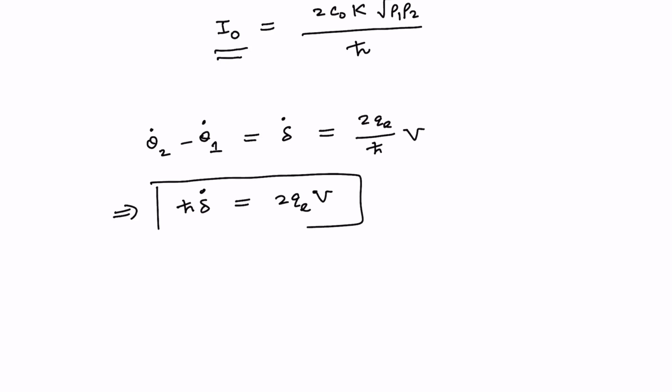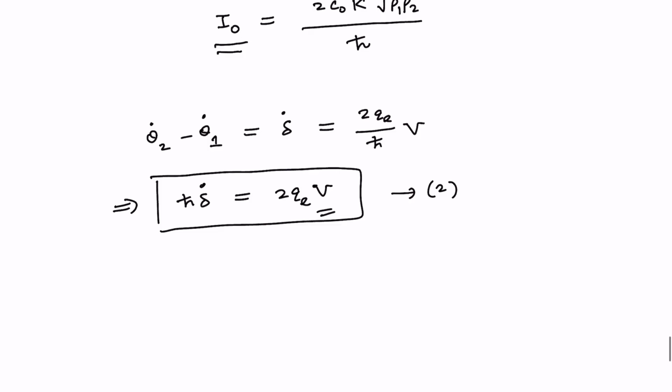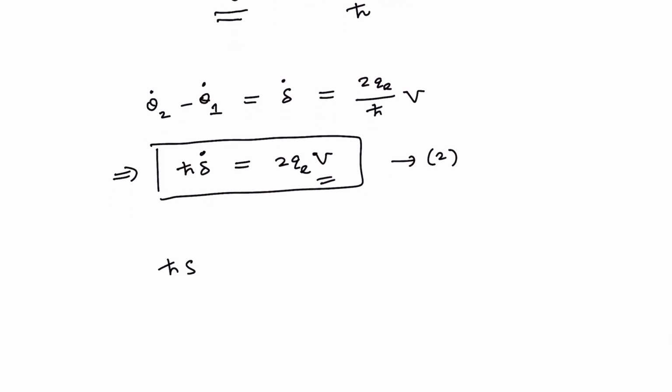Let's say this is our equation number 2. Physically speaking, in the presence of the potential difference V between the superconductors, the phase difference evolves in time, and we can write h bar delta dot is equal to h bar omega, and that is equal to 2QE into the voltage. Here omega is the angular frequency at which the supercurrent oscillates.